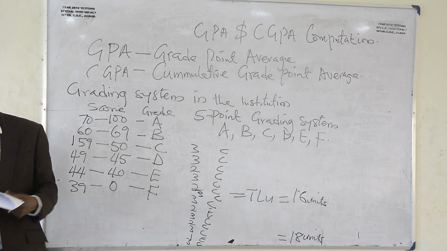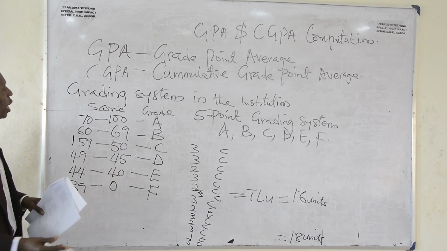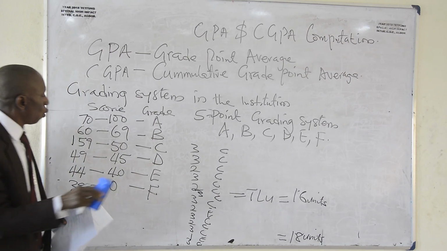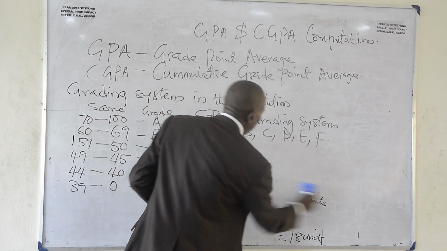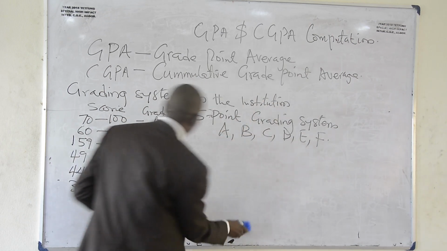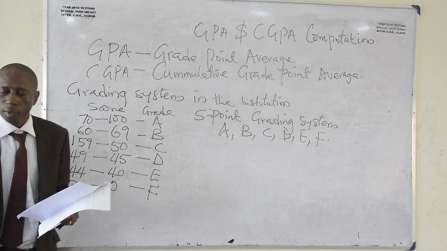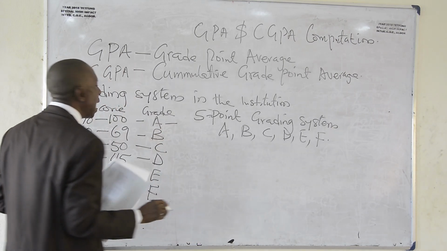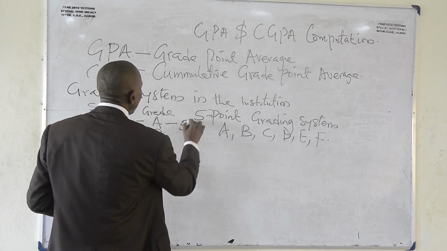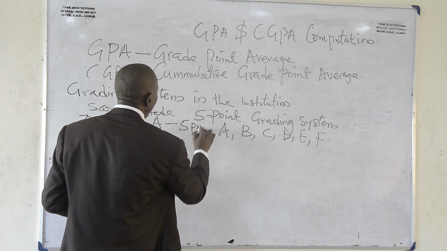So this is the grading system. And so a student who scores an A is 5 points.